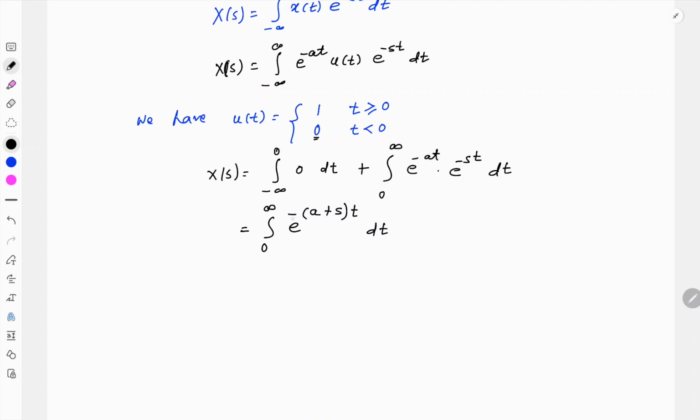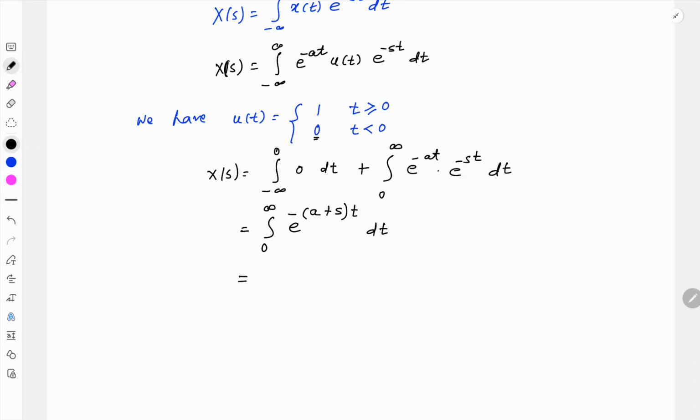If the limit is 0 to infinity, we are only concerned with the infinity term. If in the integration we have positive infinity, take the exponential power as negative, and if we have minus infinity, in that case take the exponential power as positive, vice versa.